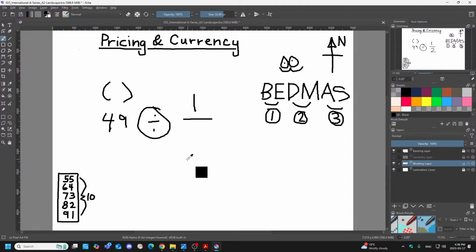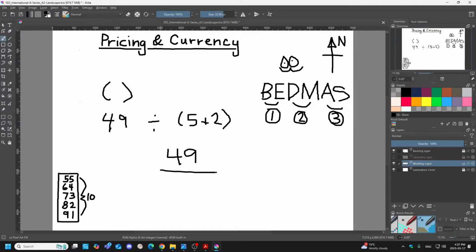Anytime you see something weird like this, let's say it's divided by 7, and maybe you end up with 5 plus 2 as well over here, right? I recommend when you solve these type of problems, put it in fraction form. Okay, this is a serious tip I'm giving you guys. You guys aren't going to get this anywhere else.